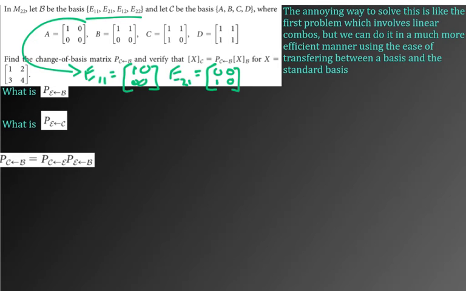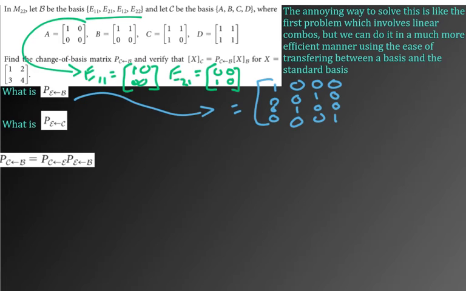What I mean by that is this one would literally equal E11, written as a column vector, so 1, 0, 0, 0. And then E21, written as a column vector, so 0, 0, 1, 0. And then E12, so 0, 1, 0, 0. And then last but not least, 0, 0, 0, 1.